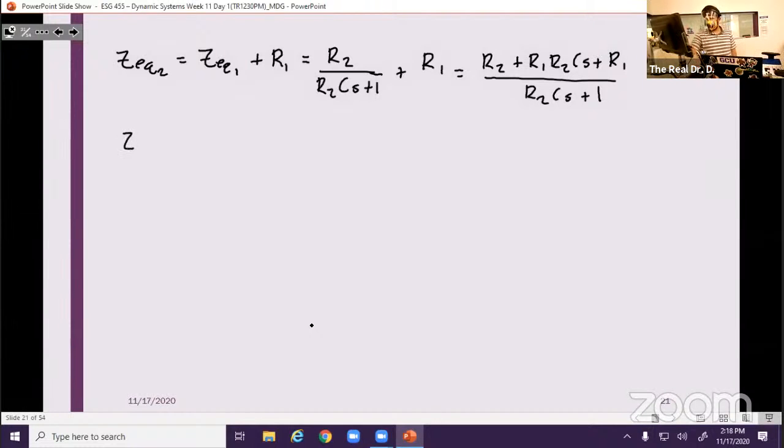Right. So here's the thing about ZEQ2. This is equal to my supply voltage divided by my current, which is not what I was asked for, right? I was specifically asked for E out over ES, right?